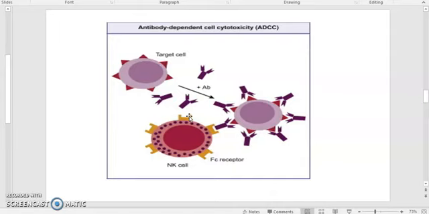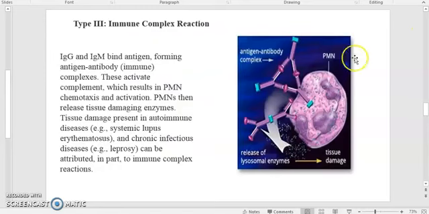So this mechanism is called an ADCC reaction, involving IgG and IgG Fc receptor. This is all about the type 2 hypersensitivity reaction.